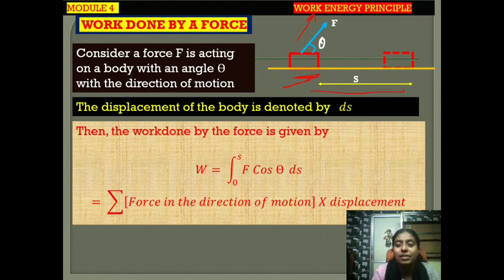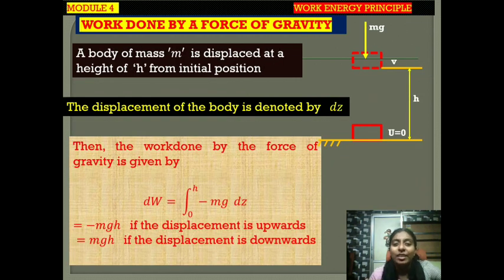The next is work done by a force of gravity. The previous was the horizontal work done. Now this is the vertical work done. Vertical work done can be in any direction, from bottom to top, or dropping from a height h, or throwing some object upwards.